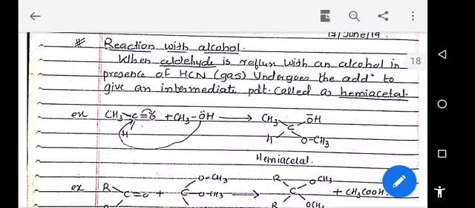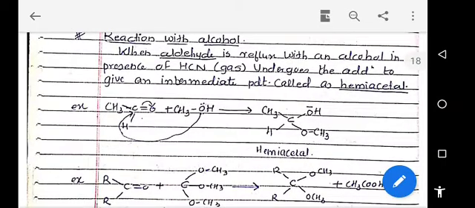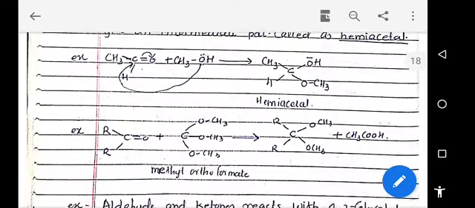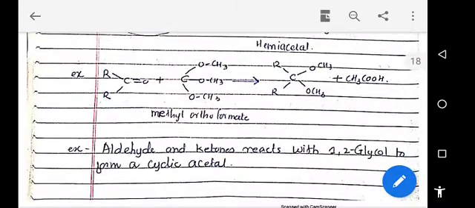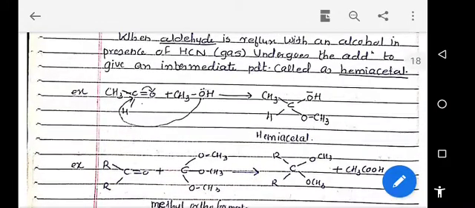Now, next is the reaction of this aldehyde and ketone with alcohol. If the alcohol reacts with the aldehyde and ketone, you will get the hemiacetals. There are various types of hemiacetals we have studied. One of the examples is here.